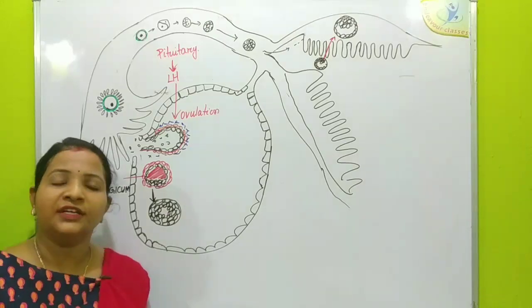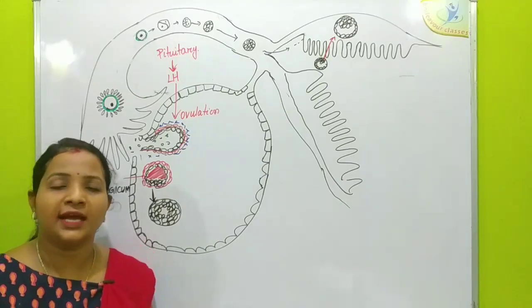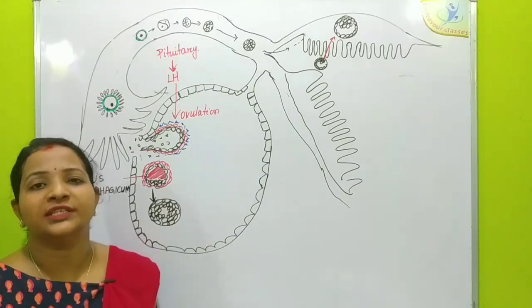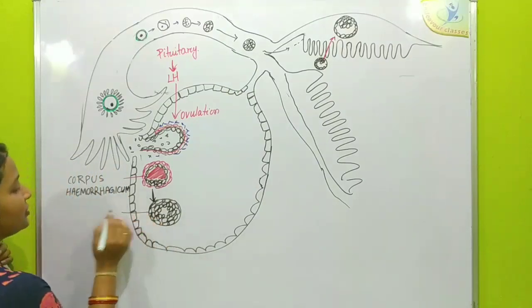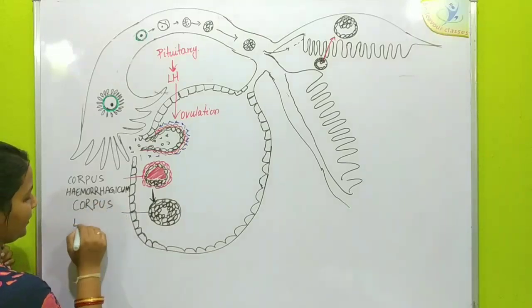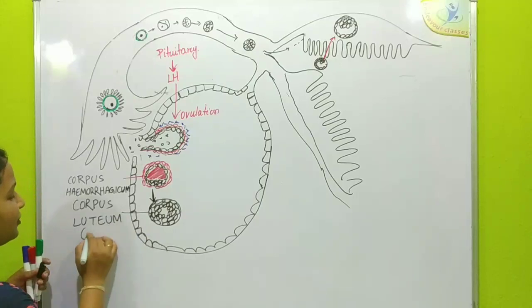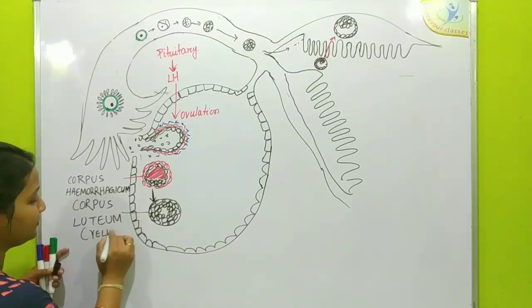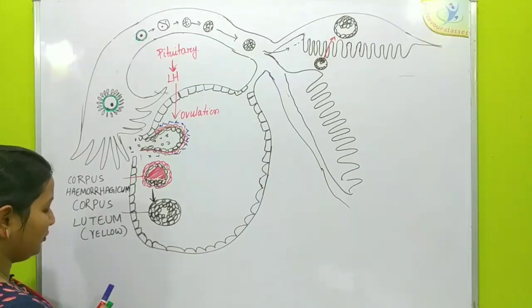Now after deposition of lutein, the thecal and granulosa cells are called lutein cells or luteal cells, and the body is called corpus luteum. Corpus luteum appears yellow in color.